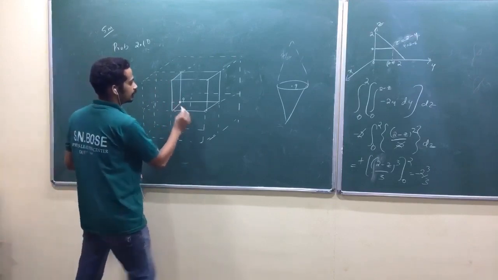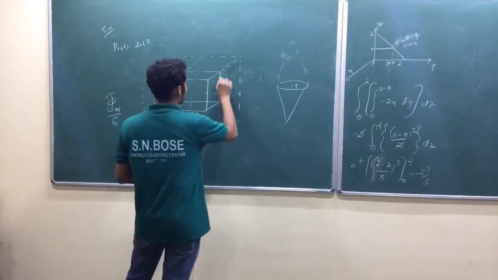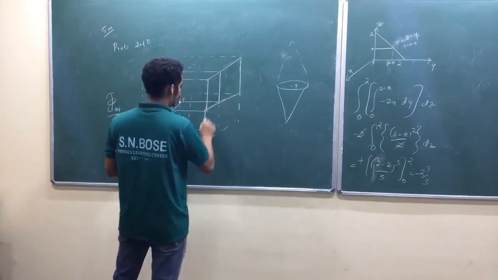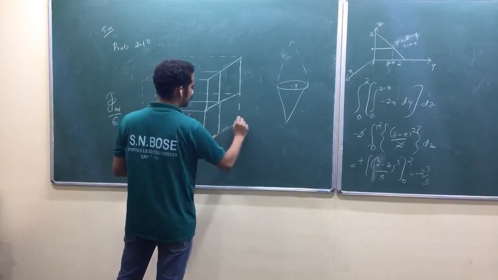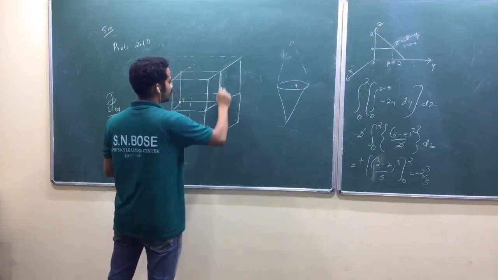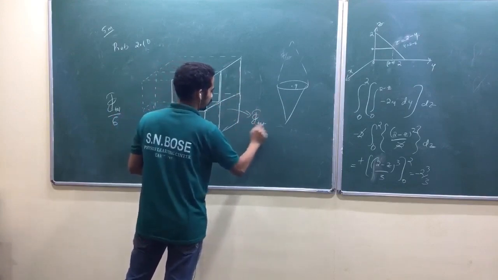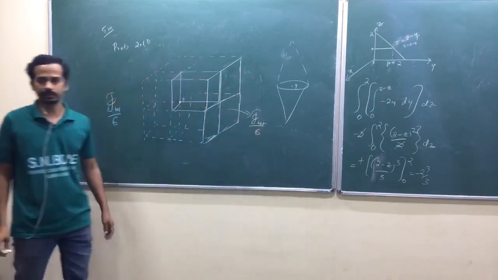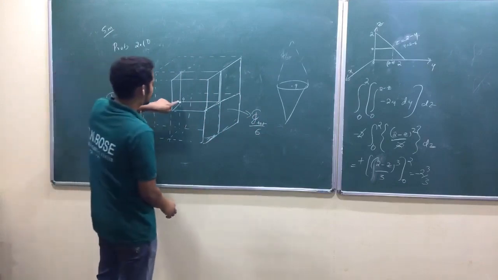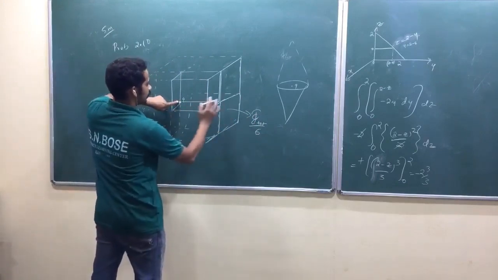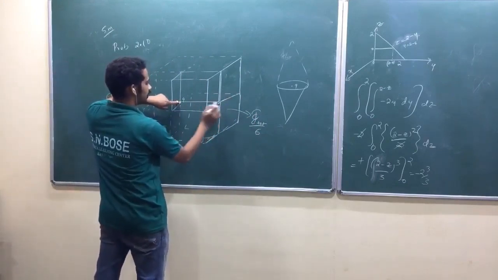Now look at here. So this Q is here. Just take these 4 surfaces. This total surface will take phi total by 6 flux. Am I right? Now look at here. This Q is situated symmetrically above this one.